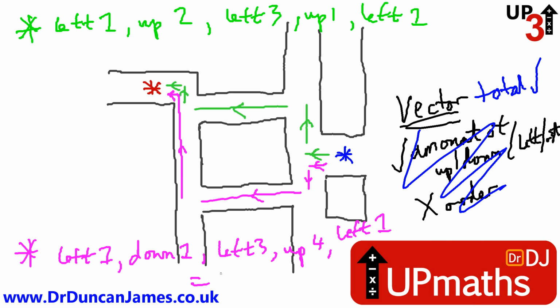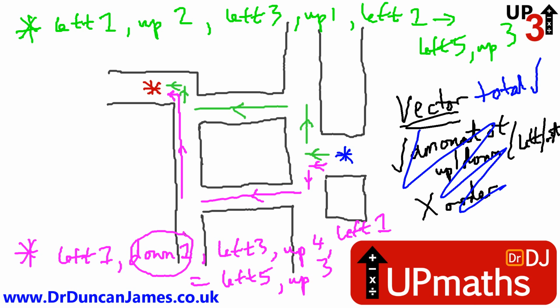So the pink one is a total of left 5, up 3. And the green one is a total of left 5, up 3. If you're not quite sure where the up 3 comes from in the pink, that's because you go down 1 and then you go up 4, which makes a total of up 3.